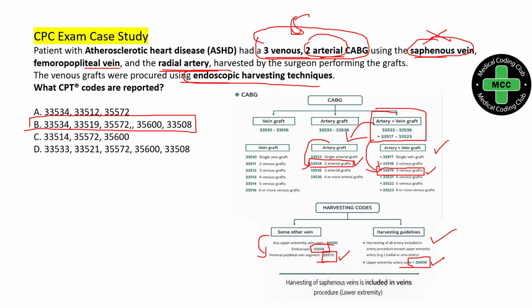Okay, so know the guidelines, and once you understand the basics of the concept, the next thing you need to identify is whether there are any coding guidelines. If guidelines are available, you must apply the guideline in the right way. Okay, so that's all. This is the code set, and this is how you can make CABG coding as simple as that.